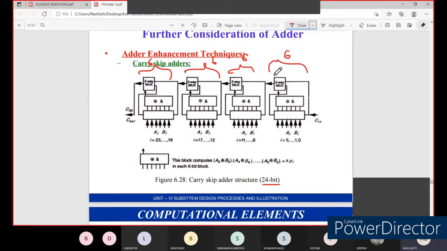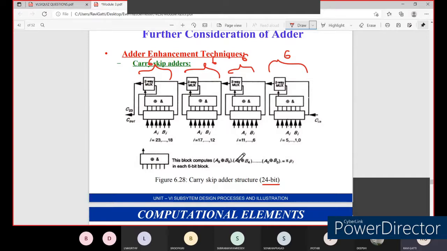With the use of this carry skip adder, we can decrease the propagation delay in adder addition. Here we will also be using 2 important functions: the exclusive OR operation, and the multiplication of the input sequences.